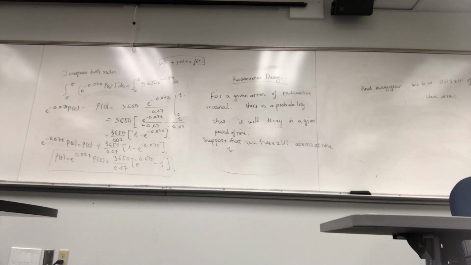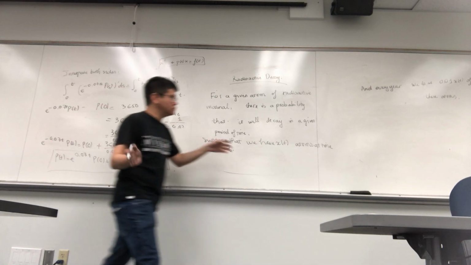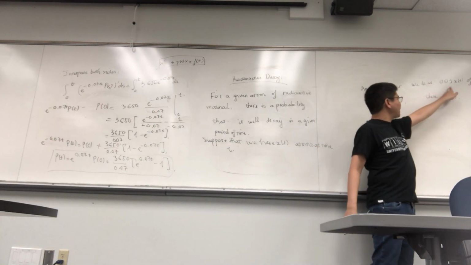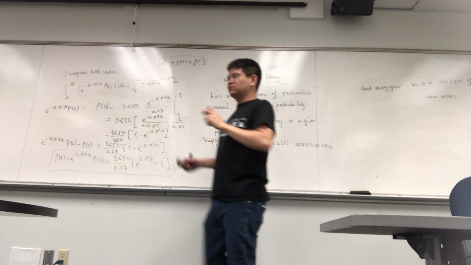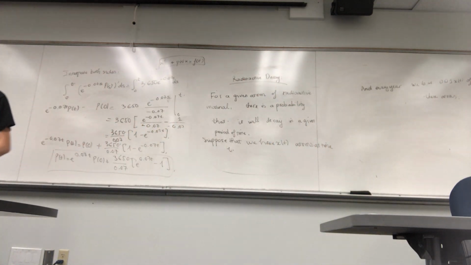So now I have xt radioactive atoms. They're decaying, which means that every year I'm going to lose 0.01 xt. All right. So suppose that I have 100 atoms. After 1 year, I'm going to lose 1 atom because those are radioactive atoms.